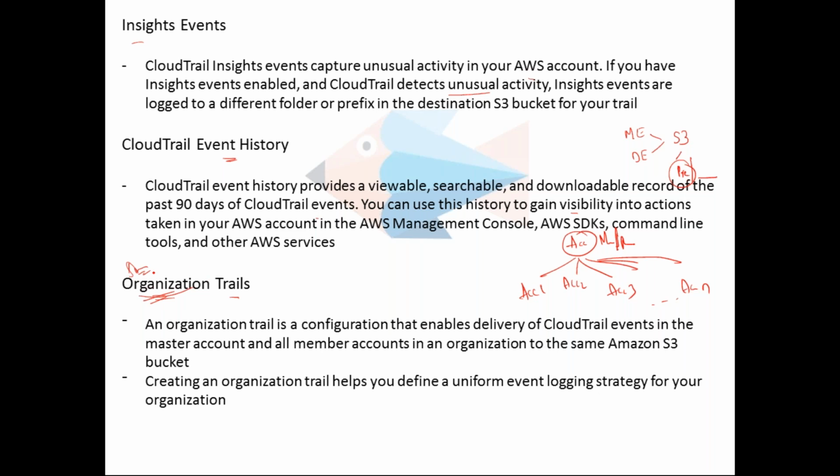Okay, so the organization trails are basically the configuration that enables delivery of CloudTrail events in the master account and all member accounts in an organization to an S3 bucket. So if you give an S3 bucket and enable the organization trails, all the activities which are happening in all the accounts will be logged in a single bucket. This is at the accounts level. The regions level we have already seen. Okay, and creating an organization trail helps you to define a uniform event logging strategy for your organization.